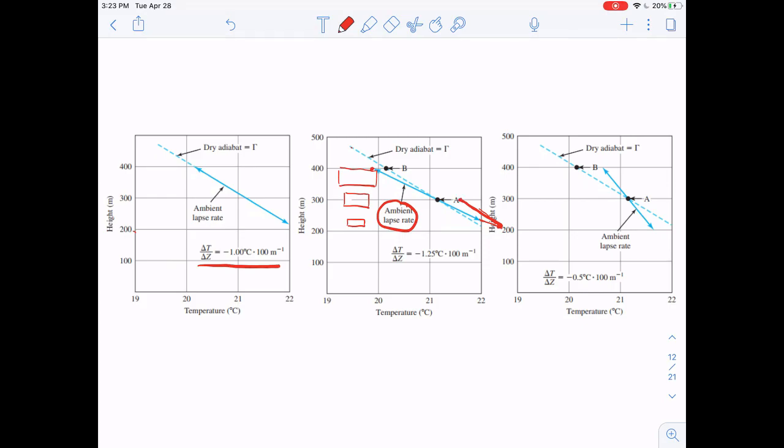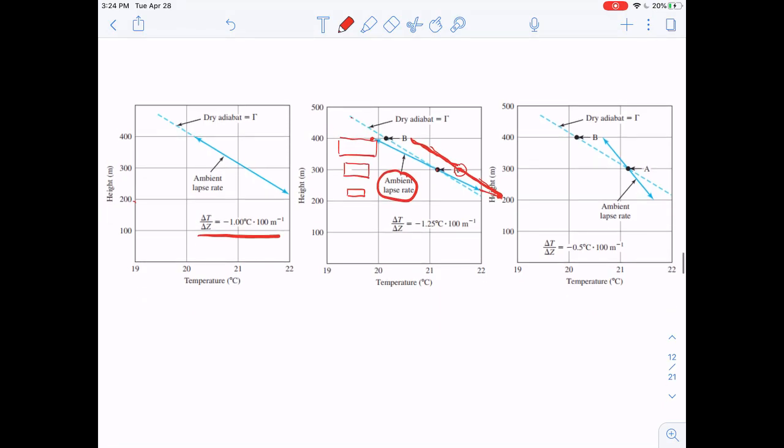Okay, so now let's evaluate the air temperature for this location and also the surrounding location. You can see that actually the temperature here is higher than the temperature surrounding this air parcel, right? So what that means is that we have a warmer air inside this larger space here. So this warmer air will keep rising up, okay? This air will just keep rising higher and higher because of this type of ambient lapse rate here.